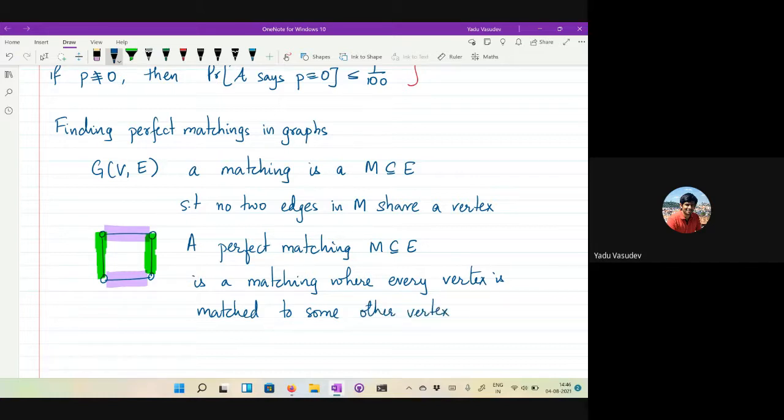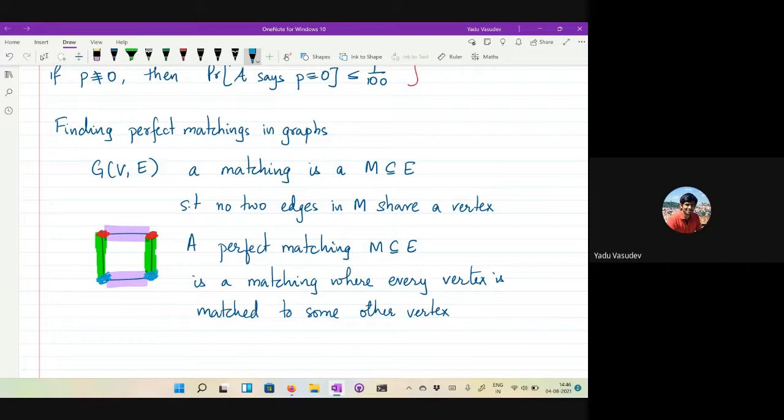Right? So a matching is basically an assignment of one vertex to another vertex. In this case, for this violet one, this vertex and this vertex are matched, and this vertex and this vertex are matched, right? So a matching is one where each vertex is matched to another vertex, and a perfect matching is one where every vertex is matched to some other vertex.